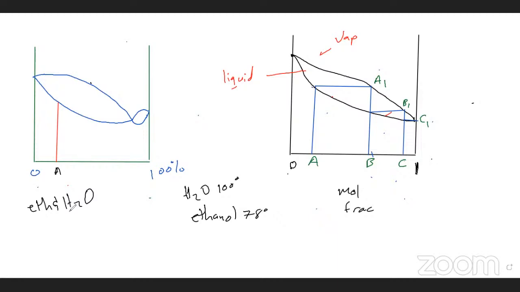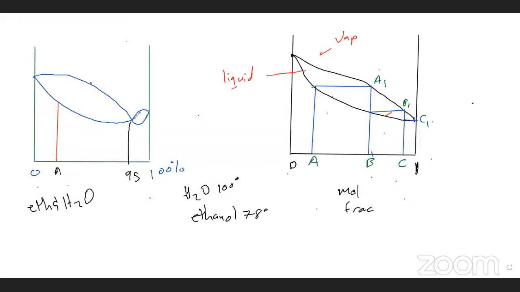Right, because once it reaches about this point, let's say 95%, right? So once you get 95% ethanol, the mixture becomes what? Azeotropic.